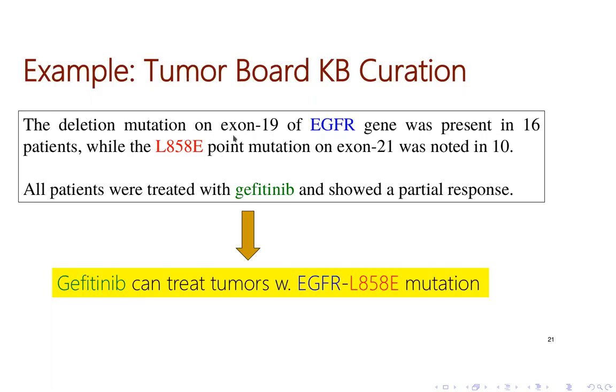The deletion mutation on exon 19 of the EGFR gene was present in 16 patients, while the L858E point mutation on exon 21 was noted in 10. All patients were treated with gefitinib and showed a partial response. So just from this small segment of one publication, you can conclude that gefitinib can treat tumors with the EGFR L858E mutation.